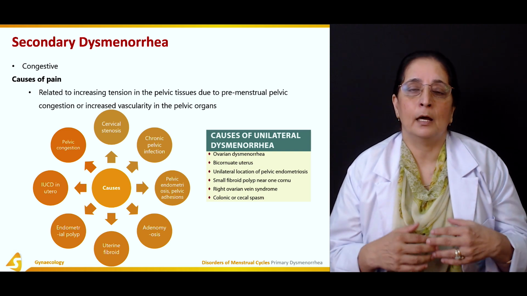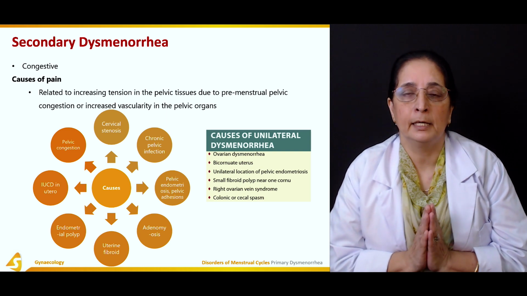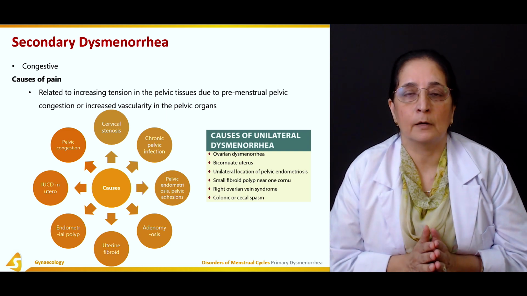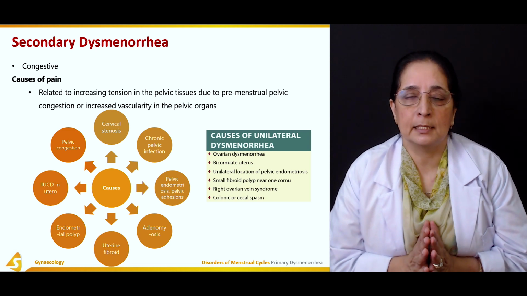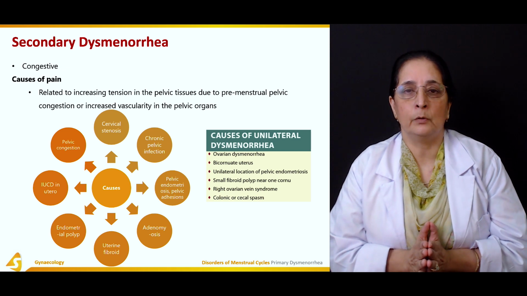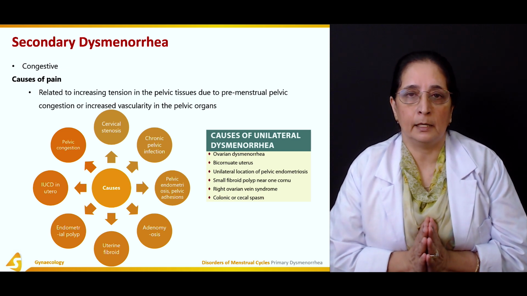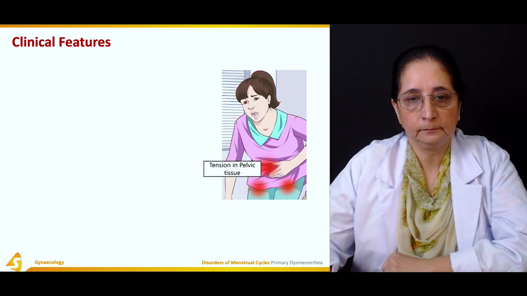And if there are fibroids or polyps present, all these are very common causes of secondary dysmenorrhea. If a patient has a complaint of secondary dysmenorrhea, all these should be ruled out.